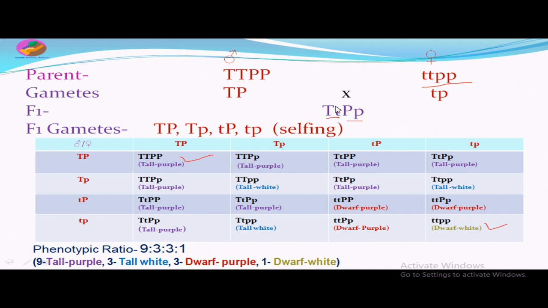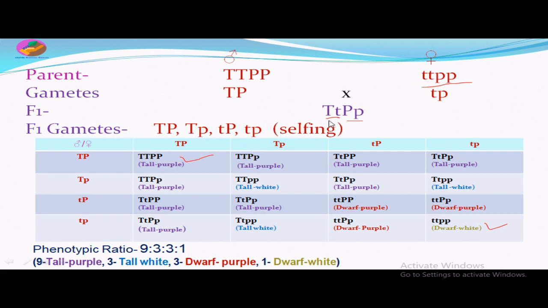You can see here one capital T has come from the dominant parent, and this small t has come from the recessive parent. This capital P has come from the dominant parent, and this small p has come from the recessive parent.